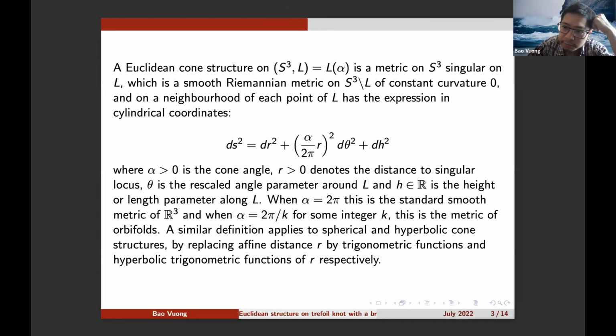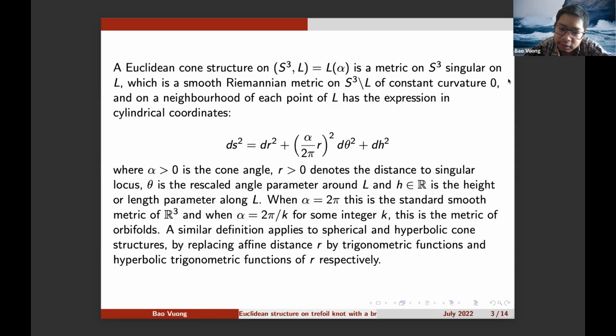And on the neighborhood of a point of L it has the expression in cylindrical coordinates, as on the screen: ds^2 = dr^2 + (alpha/2pi)^2 r^2 dtheta^2 + dh^2, where alpha is the cone angle, r denotes the distance to the singular locus, theta is the rescaled angle parameter around L, and h in R is the height or length parameter along L. When alpha is equal to 2 pi, this is the standard smooth metric of R3.